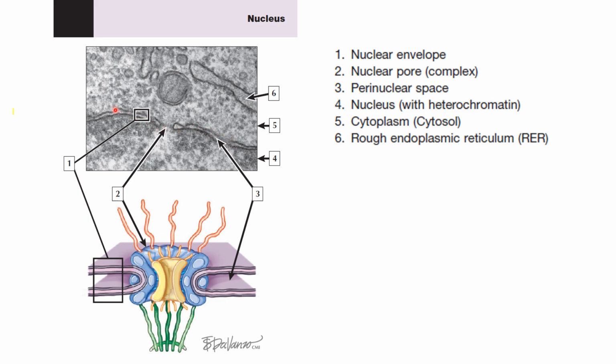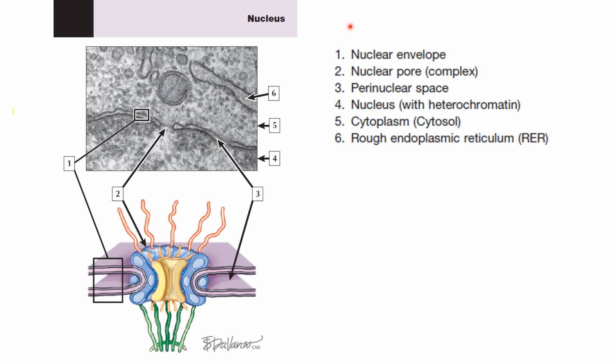Two parallel unit membranes separated by a narrow space, roughly only 10 to 70 nanometers wide, which is the perinuclear space or the cisterna.